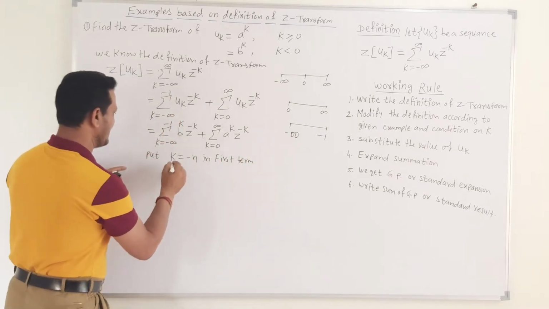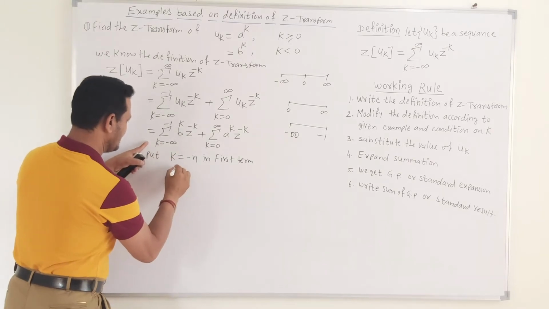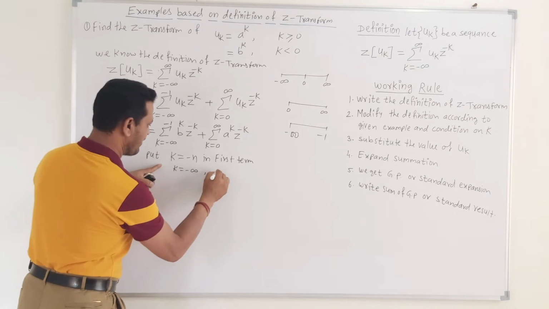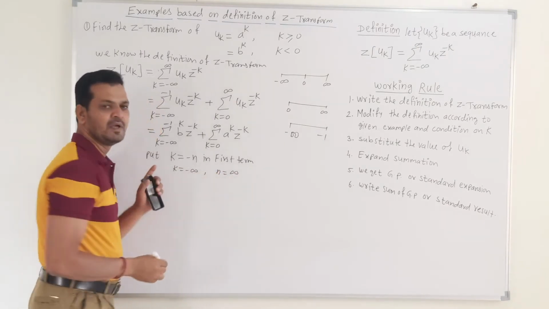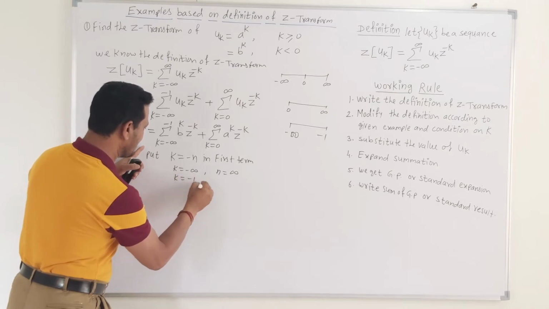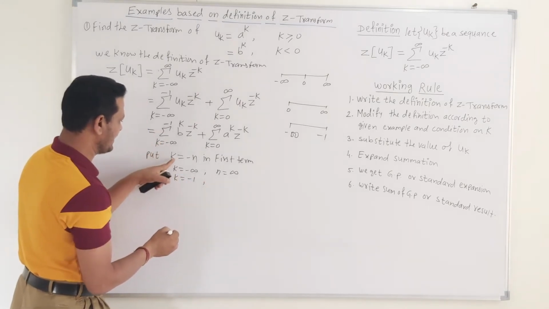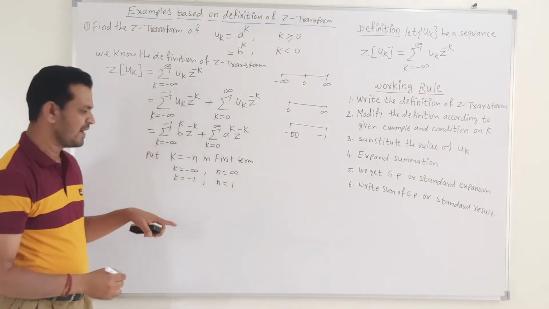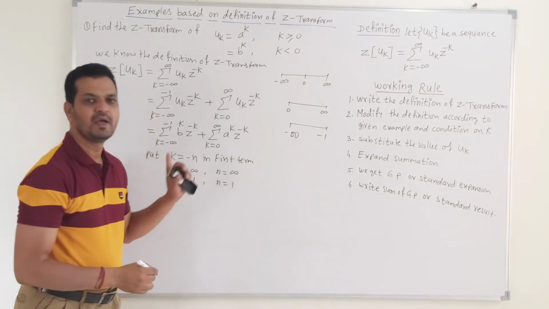If we put k equal to minus infinity, then we get n equal to infinity. Again, if we put k equal to minus 1, then we get n equal to 1. That means n starts from 1 to infinity.